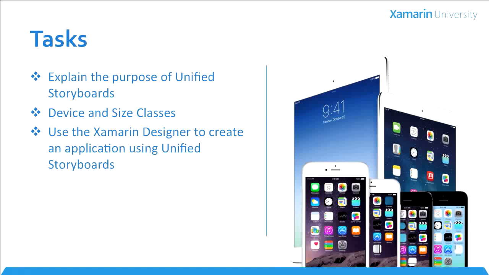And with that, we're going to explore some new concepts. We'll look at size classes, and with that, traits, and then we'll take a brief tour of the Xamarin Designer and see how we're able to create universal dynamic UIs using the unified storyboards using the Xamarin Designer.